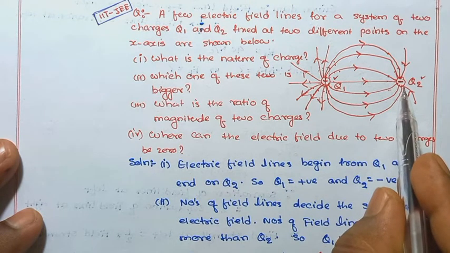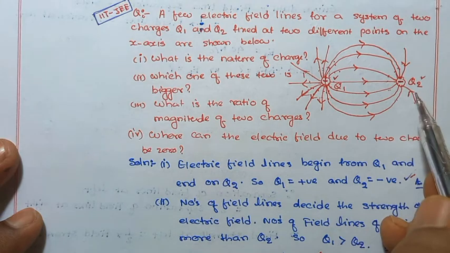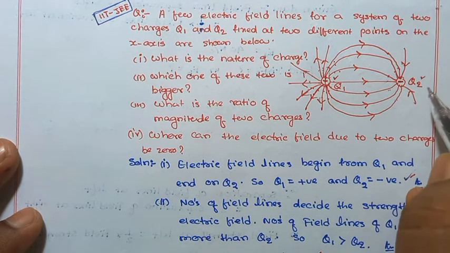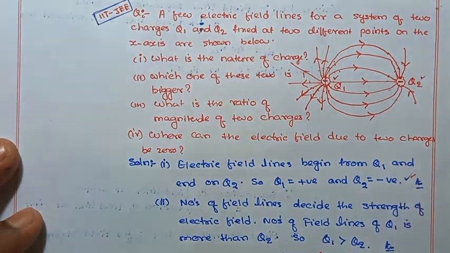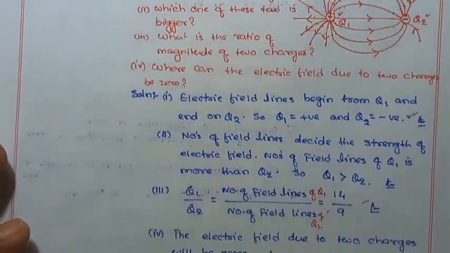So the neutral point will lie near the smaller charge and on the axial line of the two charges, outside. ठीक है?